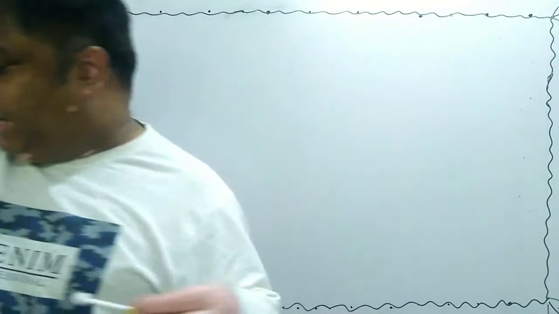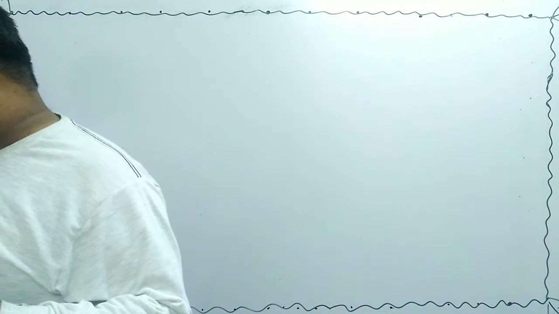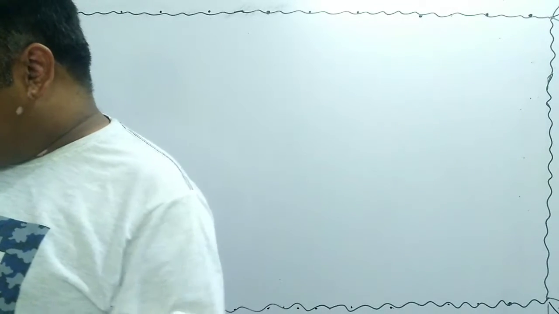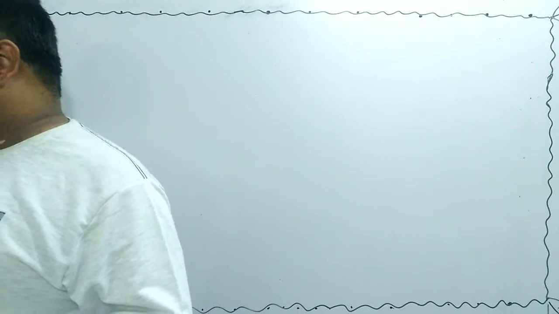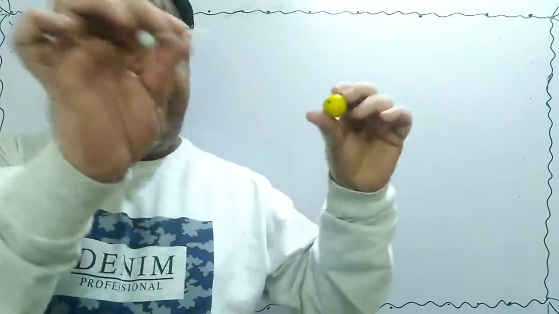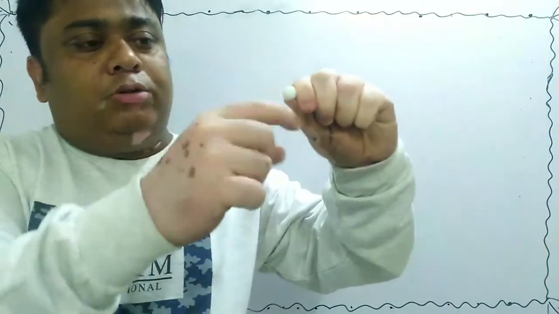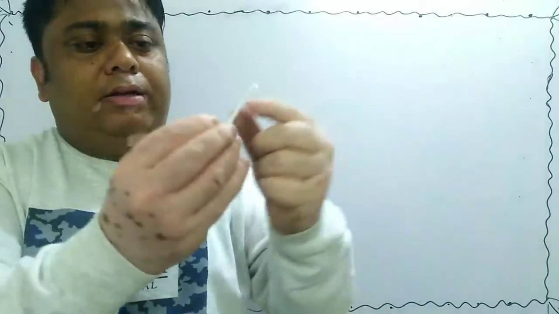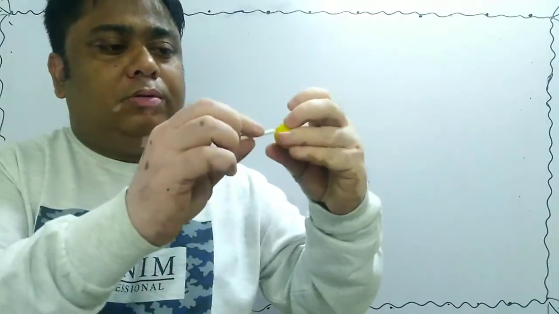Now let me make methane for you. Methane is tetrahedral. Okay. So I will take such kind of ball with which I can make tetrahedron. Let this be the carbon atom. Okay. And let this be the hydrogen atom. This part, let it be the hydrogen atom. And this part, let it be the bond.